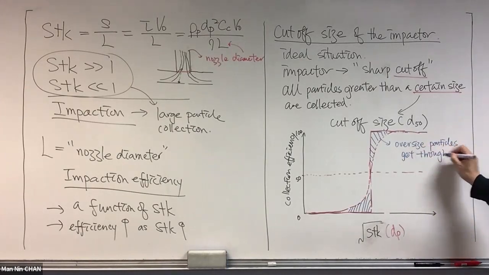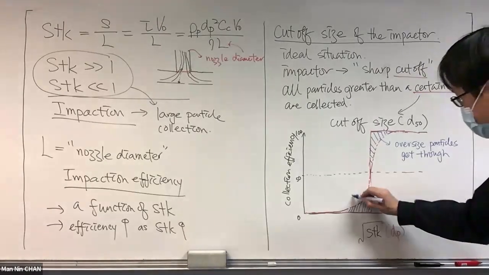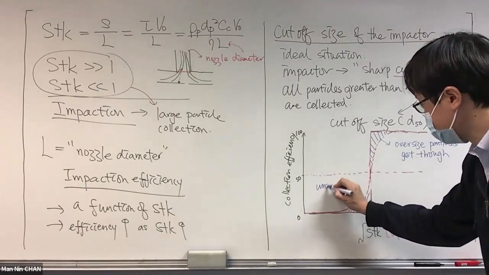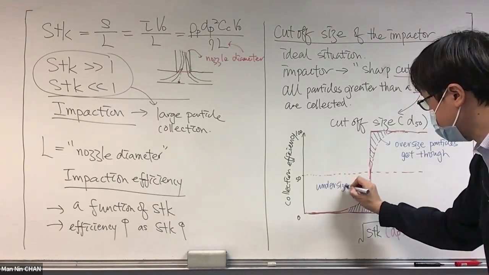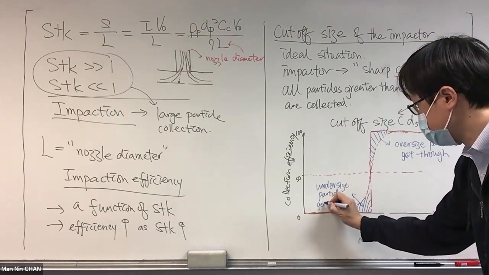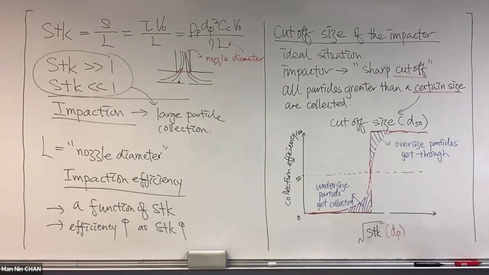So no correction. And of course, some smaller particles can also be collected. So this is what we call the undersize.